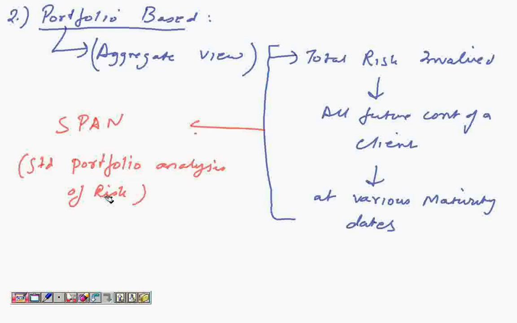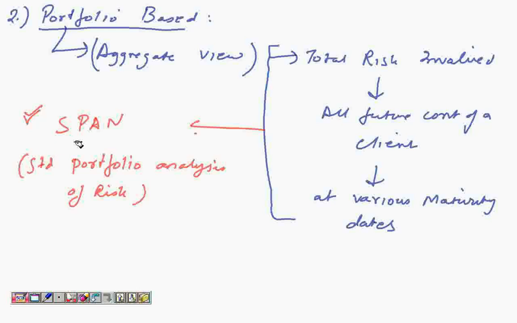Again, discussing SPAN in great detail would be beyond the scope of this series. But what you need to understand is, if you've been able to understand how the individual risk is calculated, portfolio based risk is also calculated with the help of SPAN, and it's basically an aggregate view. So that is all there is to understand here.